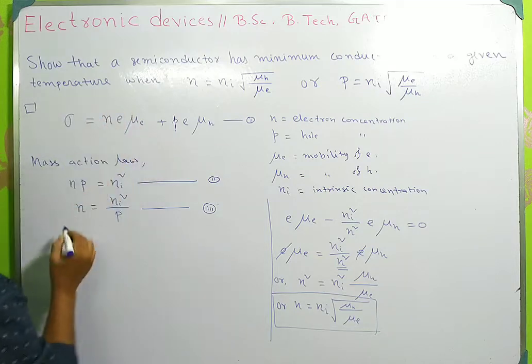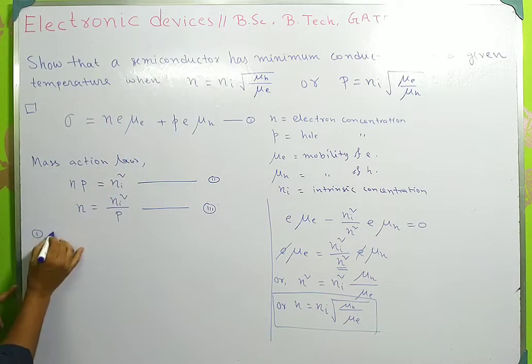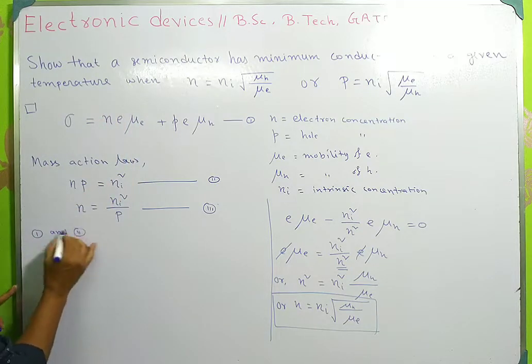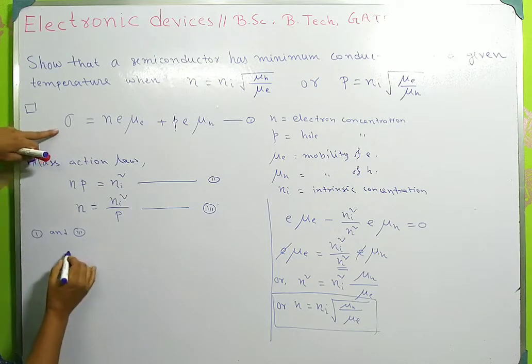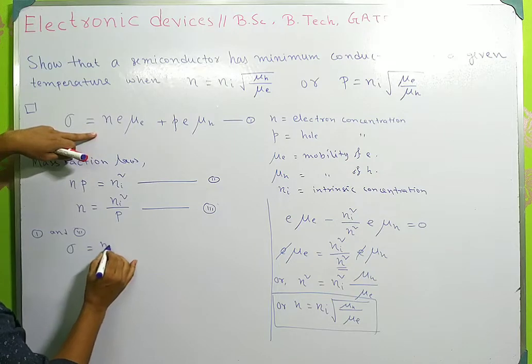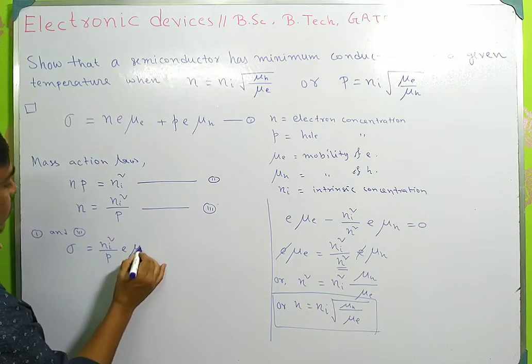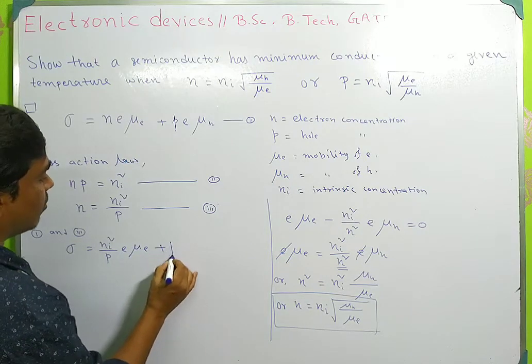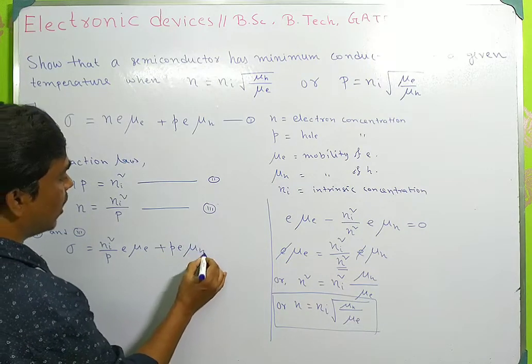From equations 1 and 3 we get sigma equals ni square by p e mu e plus p e mu h.